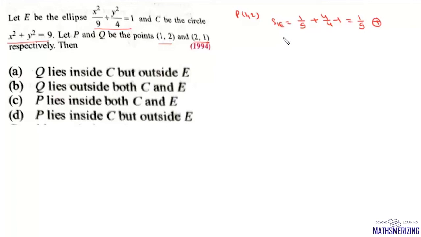So this point P lies outside the ellipse. Now we'll find S1 for this circle for the same point P. So we'll put x as 1 and y as 2. So we'll get 1 plus 4 minus 9. So this is minus 5, which is negative. So that means this point P lies inside the circle.